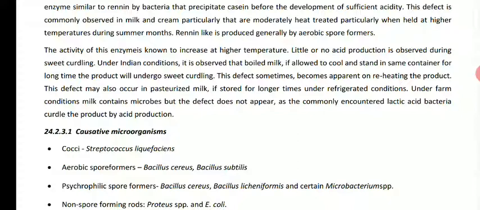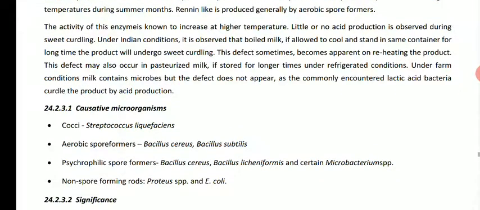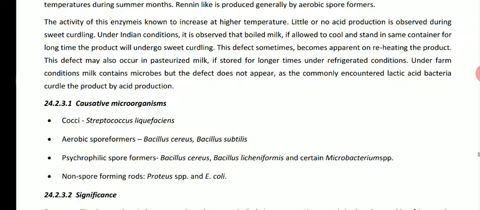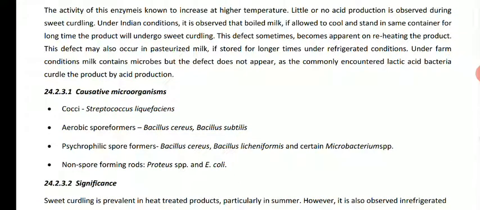Little or no acid production is observed during sweet curdling. Under Indian conditions, boiled milk, if allowed to cool and stand in the same container for a long time, will undergo sweet curdling. This defect sometimes becomes apparent on reheating of the product. The defect may also occur in pasteurized milk if stored for a longer time under refrigerated conditions.